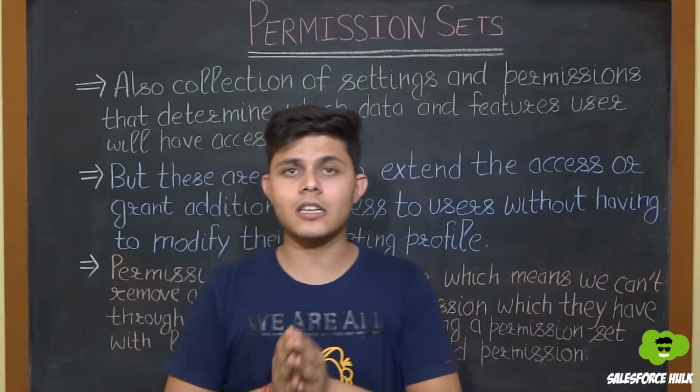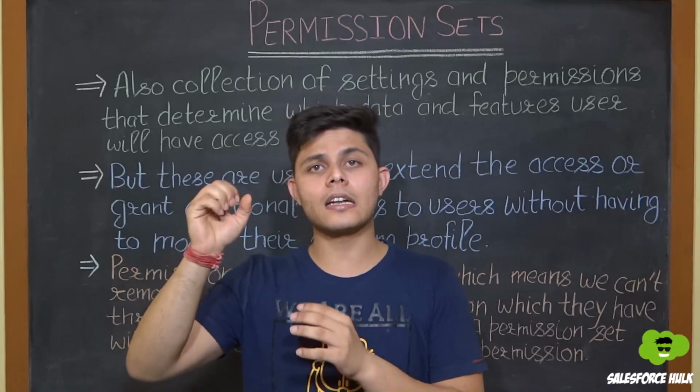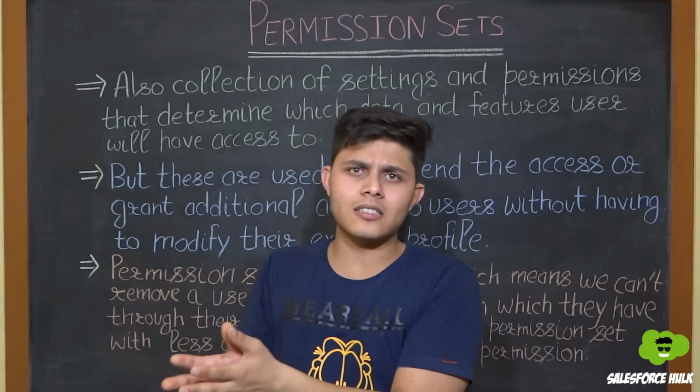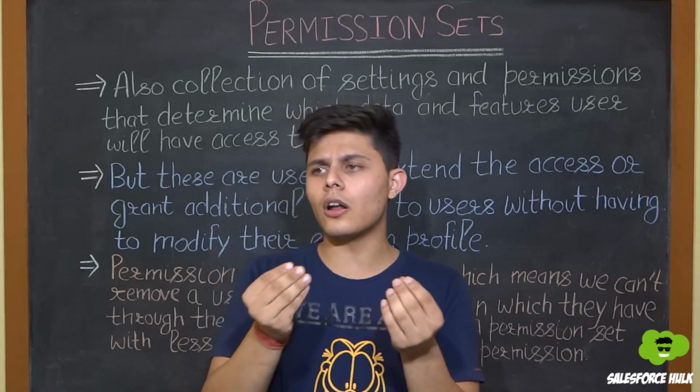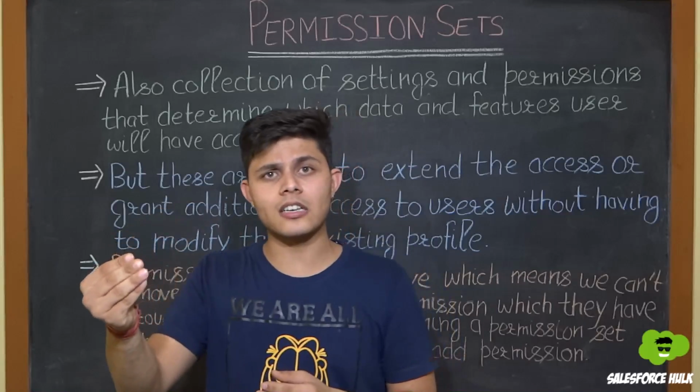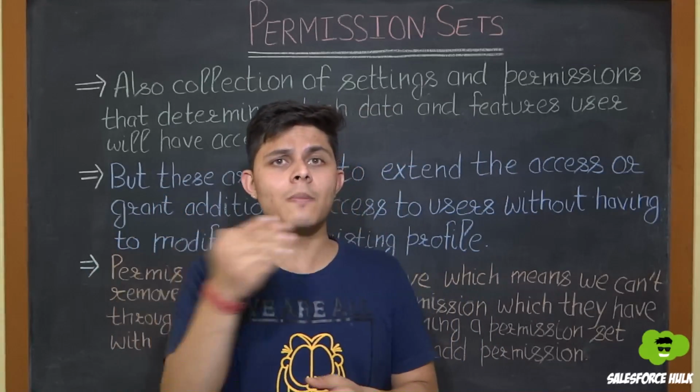What that actually means is that if there is a group of people, and they are all the same, but 1 or 2, a small set amongst that group, need additional access, while they will be on the same profile.